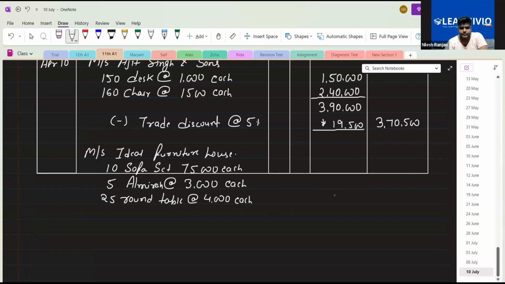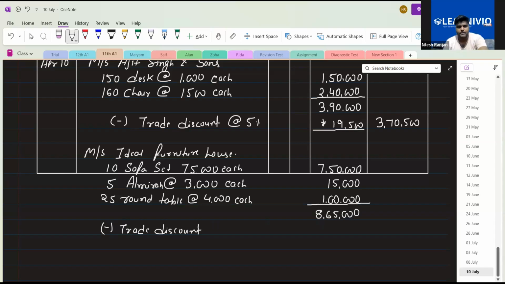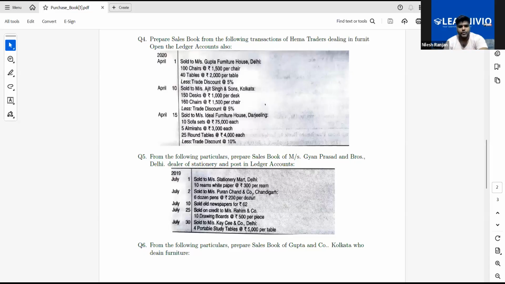So it is 8,65,000. Then minus again trade discount. So trade discount at the rate 10%, 86,500.